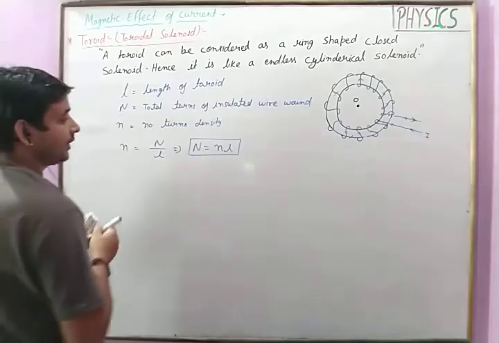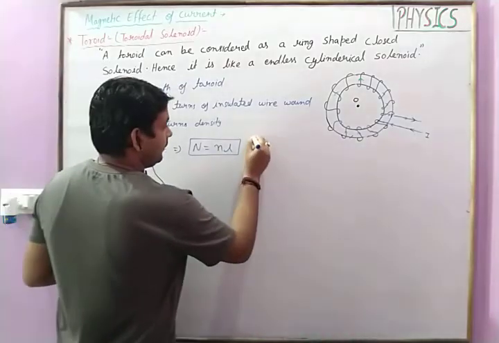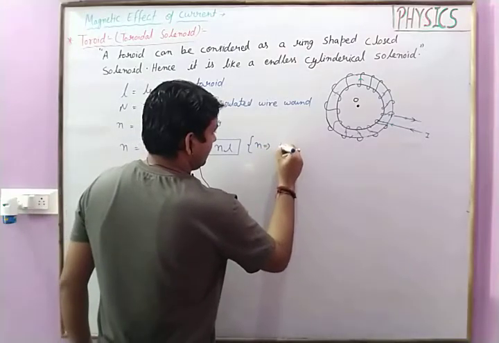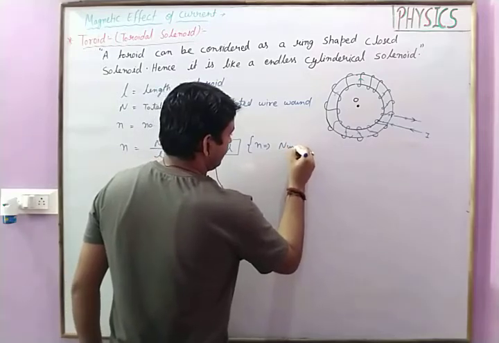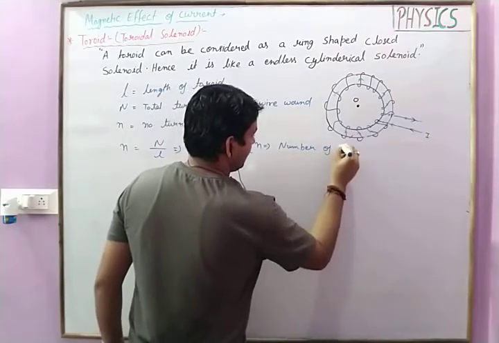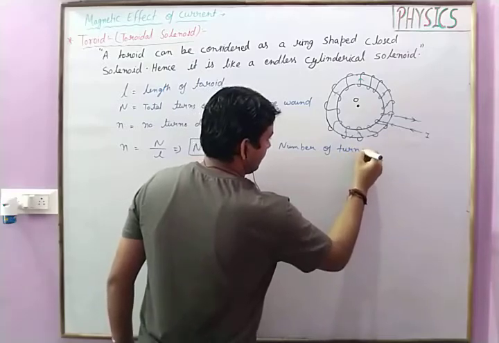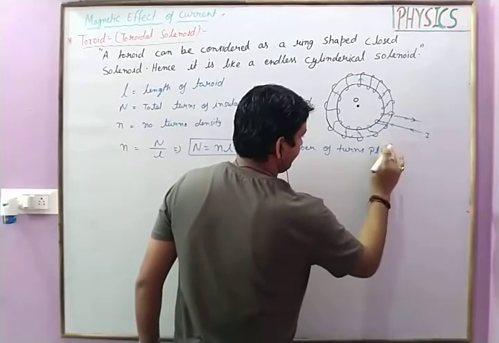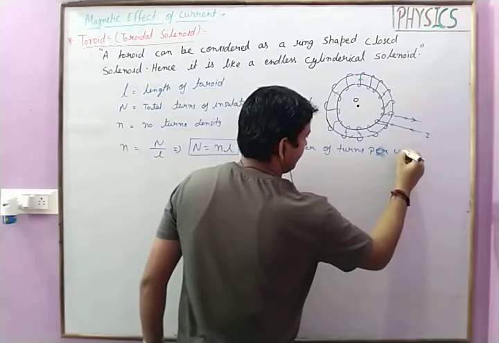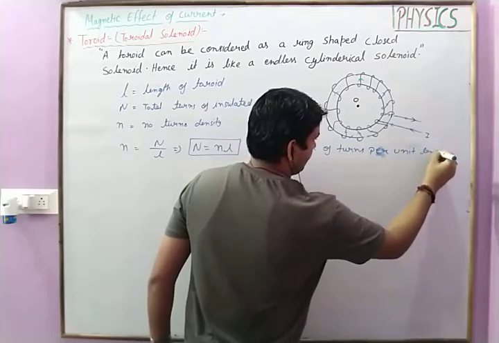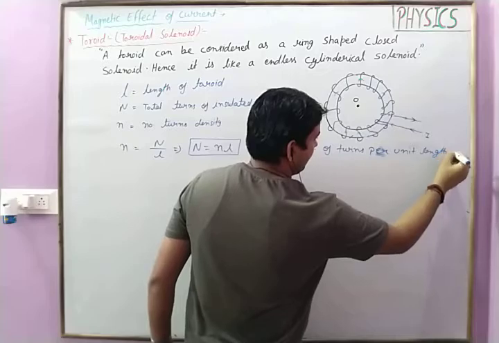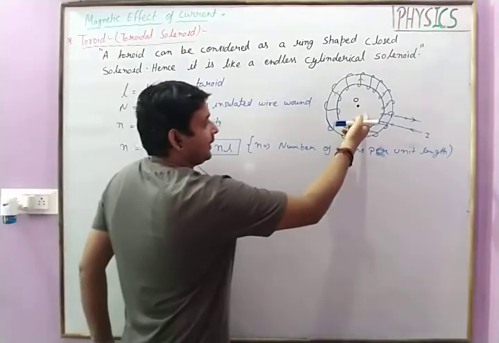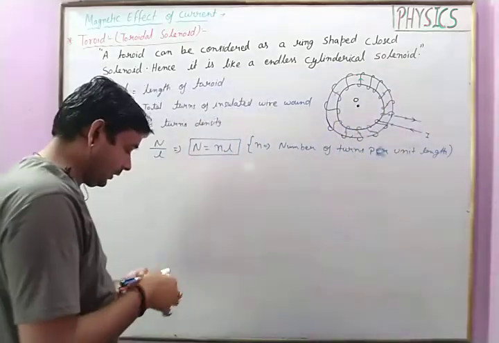Here small n can be defined as the number of turns per unit length.